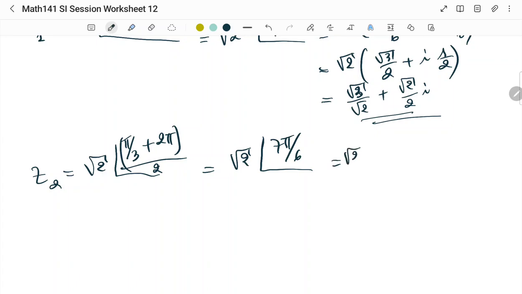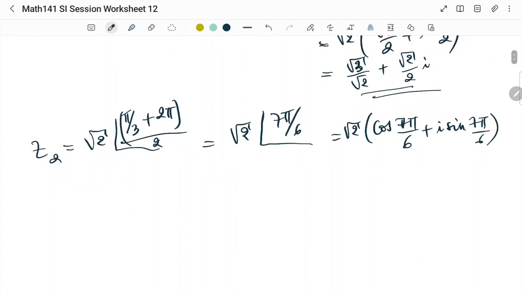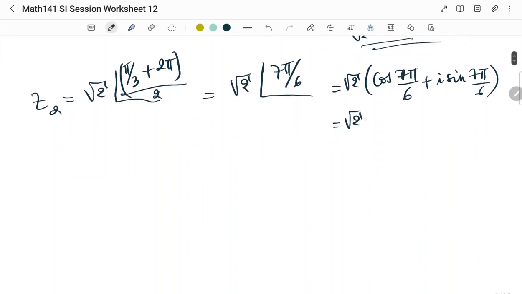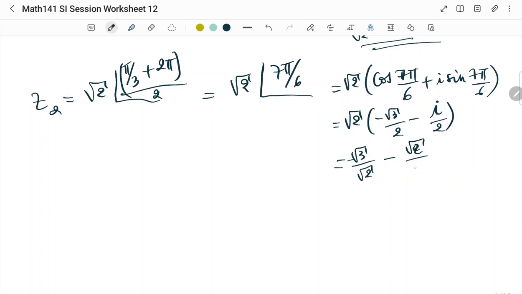And that is just equal to root 2 multiplied by cos of 7 pi over 6 plus i sine of 7 pi over 6, which is equal to root 2 multiplied by negative root 3 over 2 minus i over 2, which is equal to negative root 3 over root 2 minus root 2 over 2i.